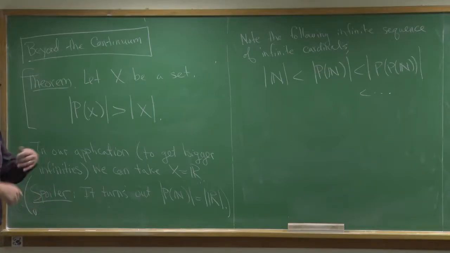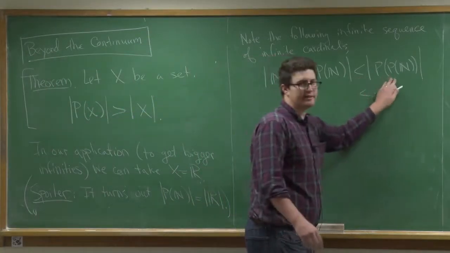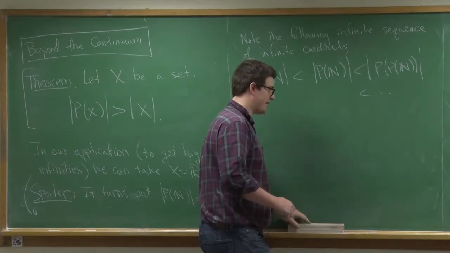So you just take the power set of the power set, and then you can keep going. And so this produces a countable sequence of infinities, right? This one's an uncountable one, and then it goes beyond uncountable. So you could ask other questions.